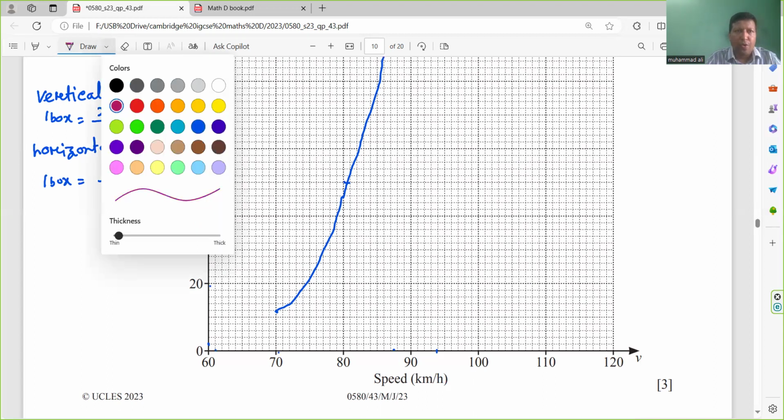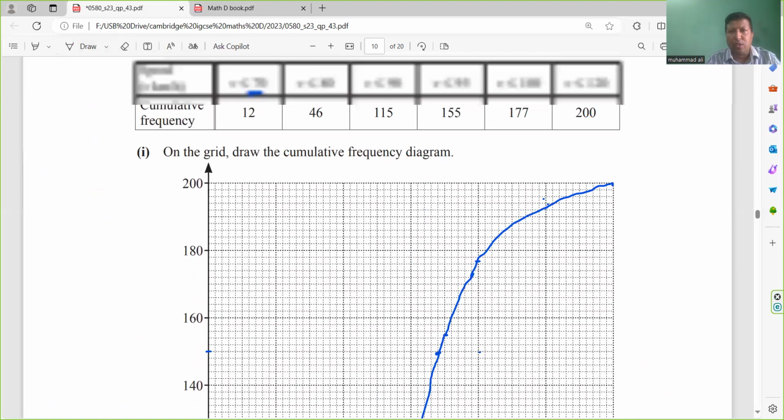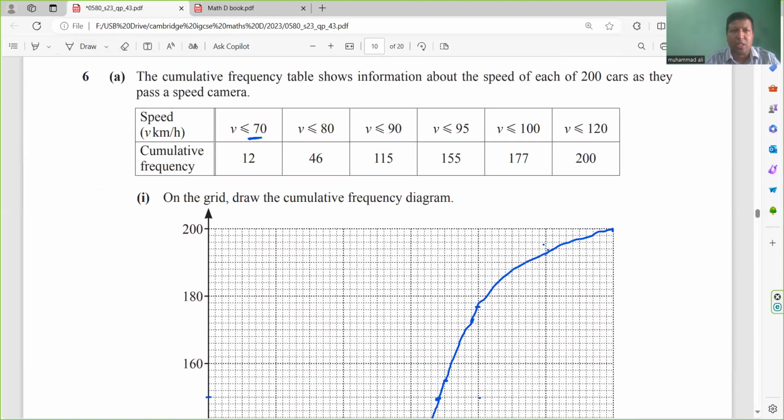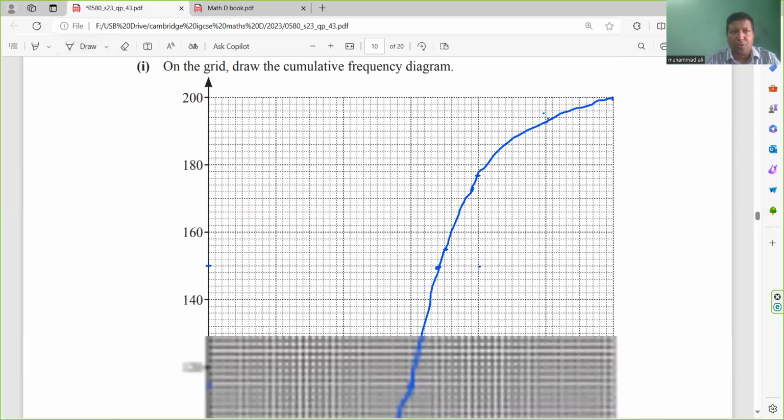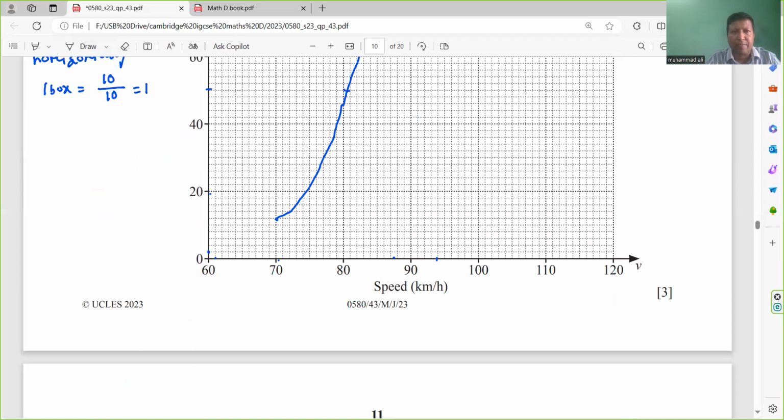Now, to draw the cumulative frequency curve, at first, cumulative frequency 12, velocity less than or equal to 70. Here is 70 and it is 12. Why 12? This is 2, 4, 6, 8, 10, 12. So this is one coordinate.